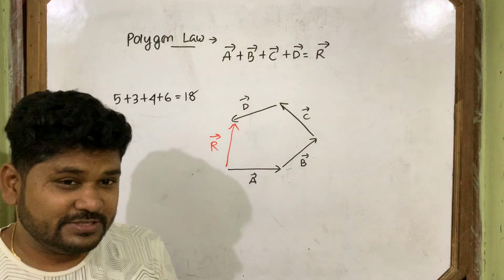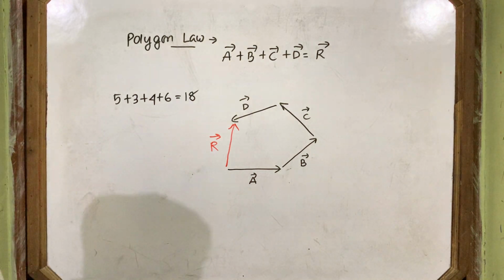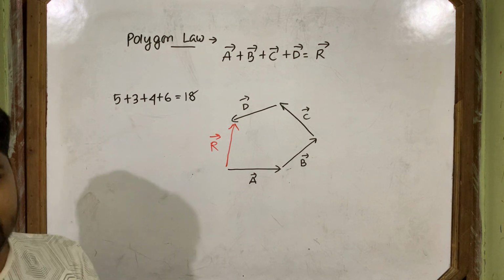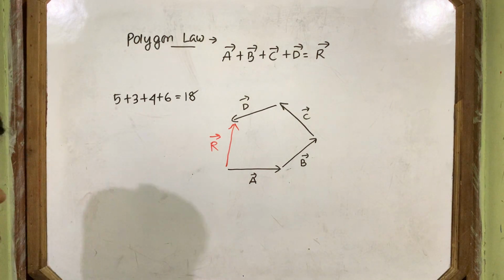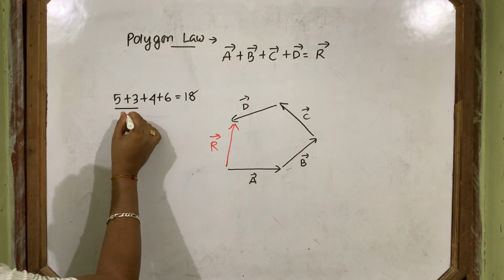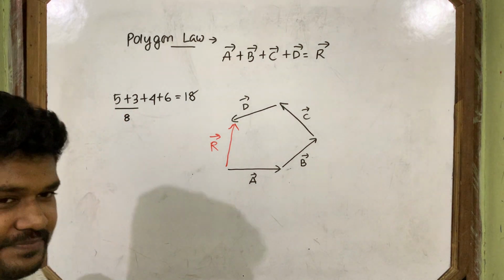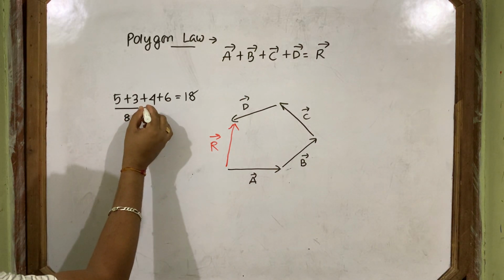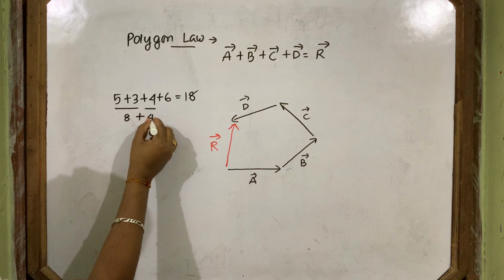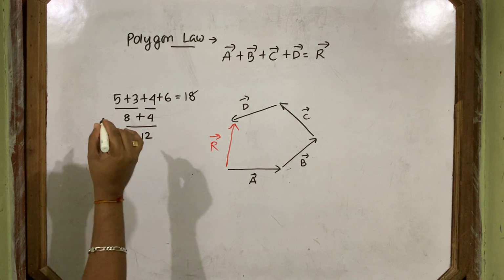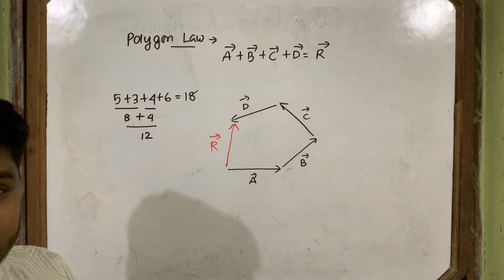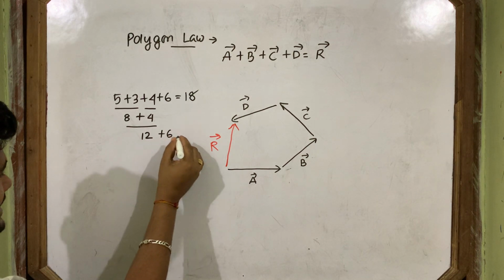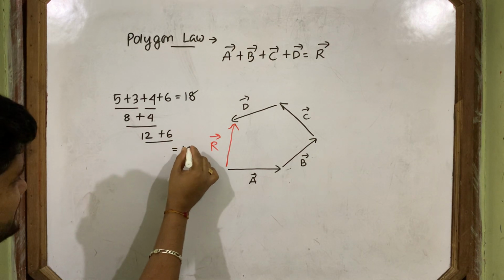Actually, first you add 5 with 3, then you got 8. Then you add 8 with 4, then you got 12. Then you add 12 with 6. And at last you get 18.